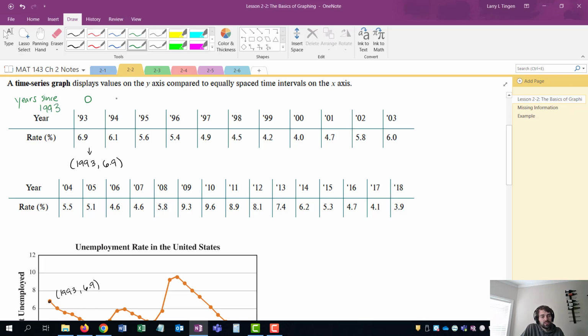And there's 2 reasons to do that. So there'll be 0, 1, 2, 3, 4, and you get the point. The reason for that is, like I said, the graph window has to be changed. But the other reason is if I wanted to create a line of best fit for this, it's a whole lot easier to work with x values 0, 1, 2, 3, 4 than it is to mess with x values 1993, 1994, 2000, 2001, and so on.